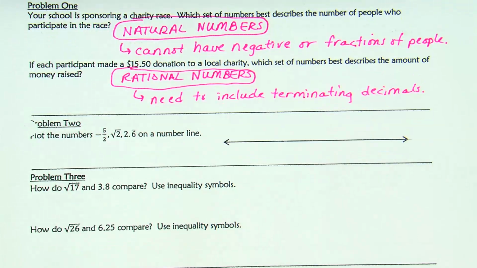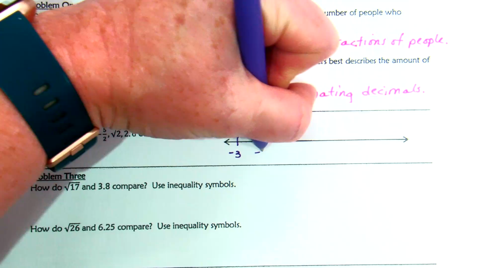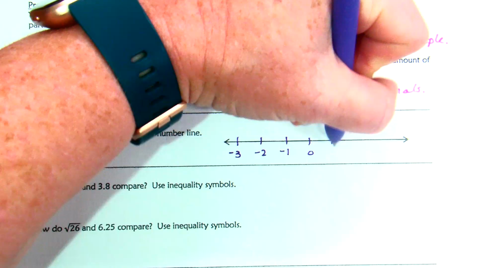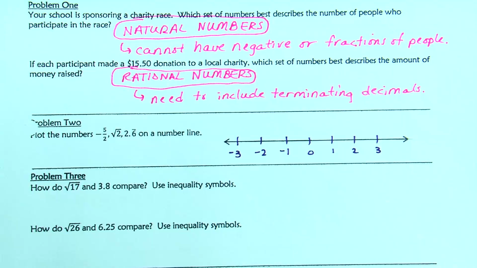And I think as long as you go as low as -3 and as high as +3, you'll be good here. So I'm going to put tick marks at each spot and label my numbers. -3, -2, -1, 0, 1, 2, 3.